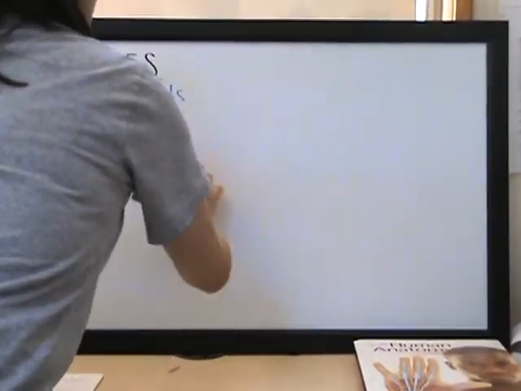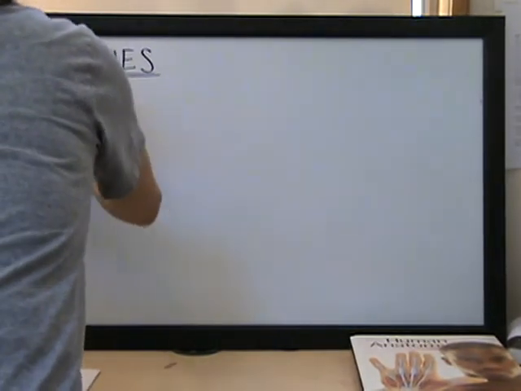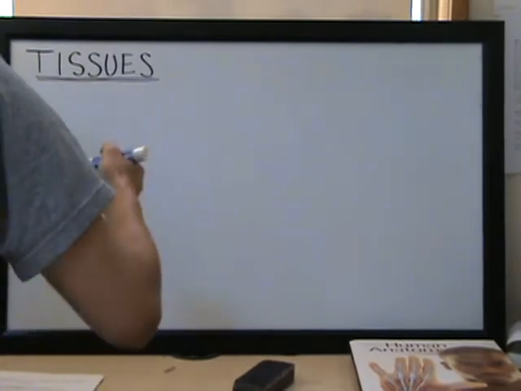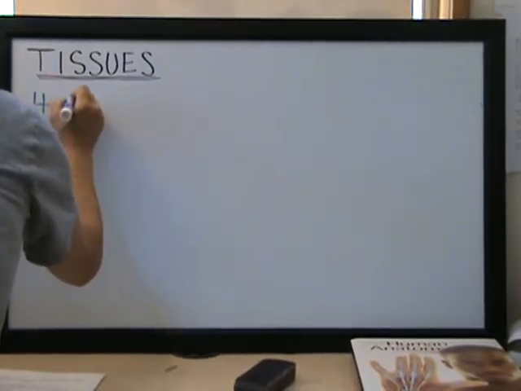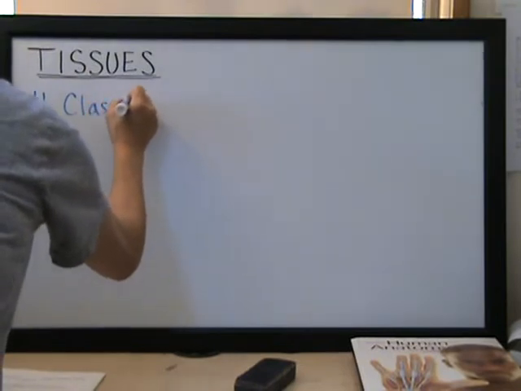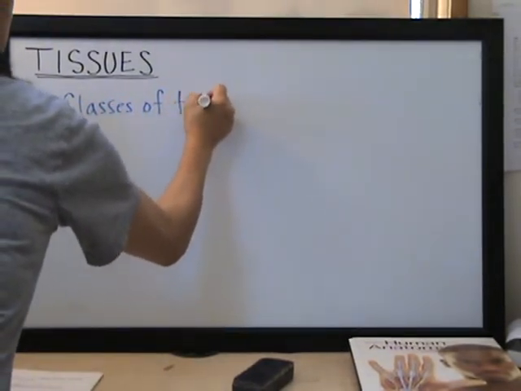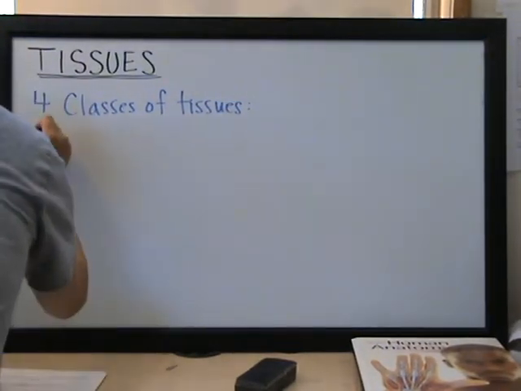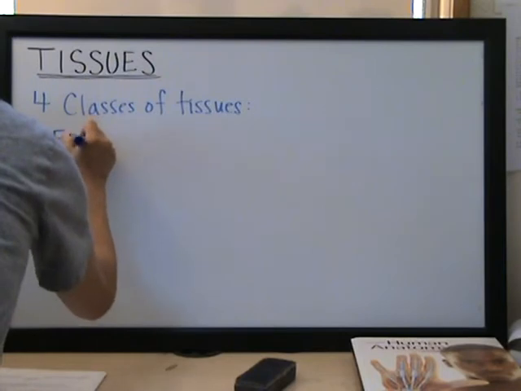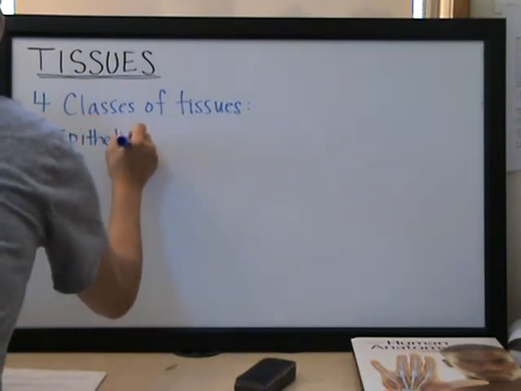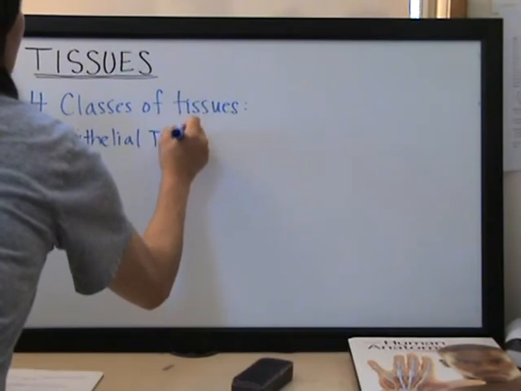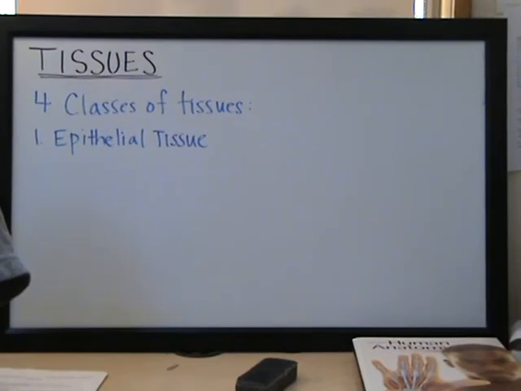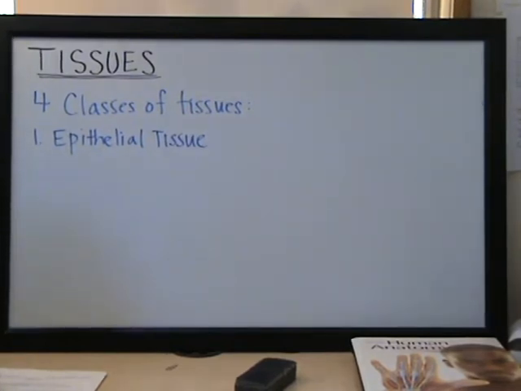And in the body, there are only 4 types of tissues. So 4 classes of tissues. And these are the epithelial tissue. Epithelial tissue is found covering surfaces and lining organs and body cavities.